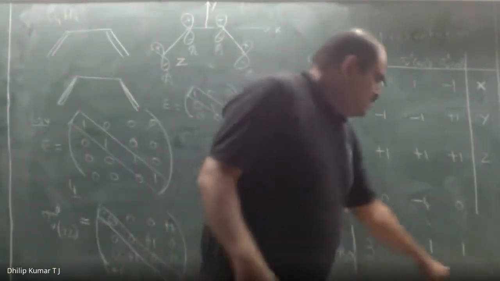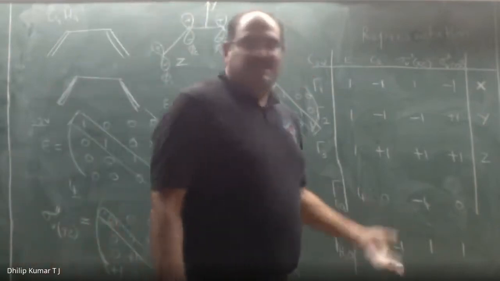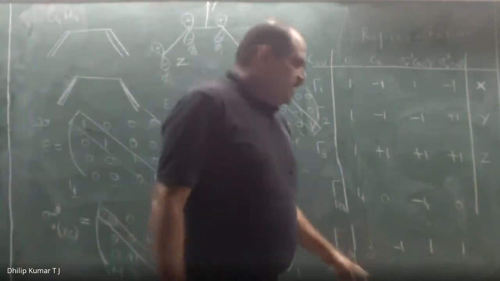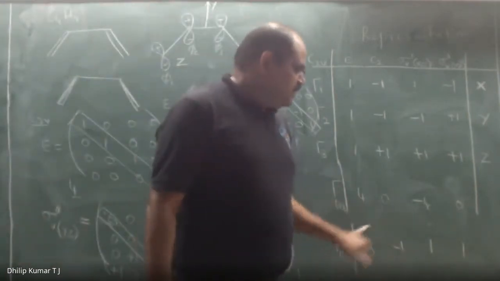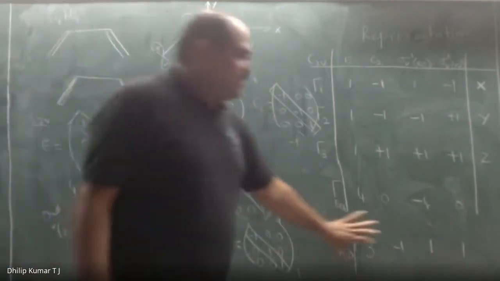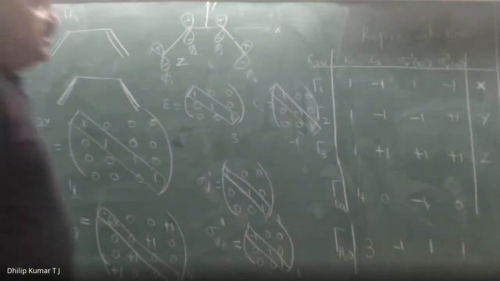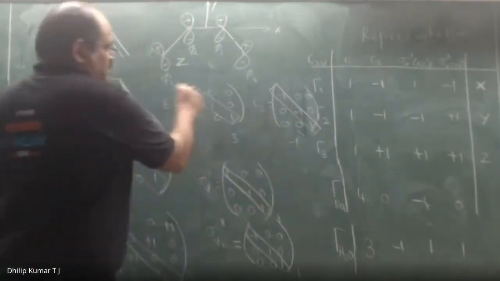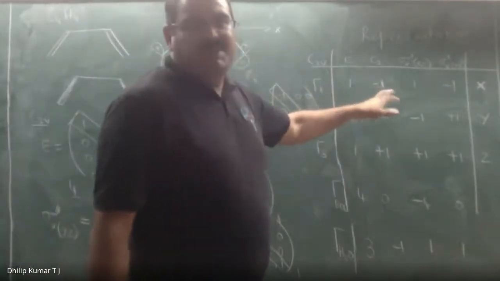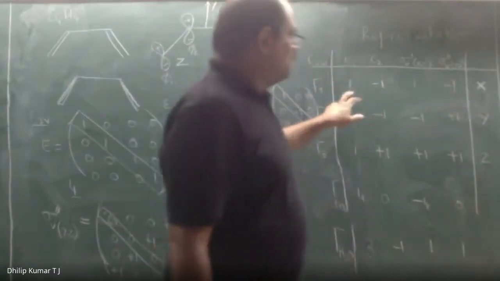But if you write in this form, if you add it up, it's a mix of all the characters. It could be a mix of x, y, z. So we don't know what this 3 corresponds to. So this we call reducible representation. If you add the diagonal elements and write it in the character table, we call that a reducible representation. And if you just pick up the row-wise and write it in this form, then we call it an irreducible representation. So for x-axis we took it, so it's 1, minus 1, 1, minus 1.